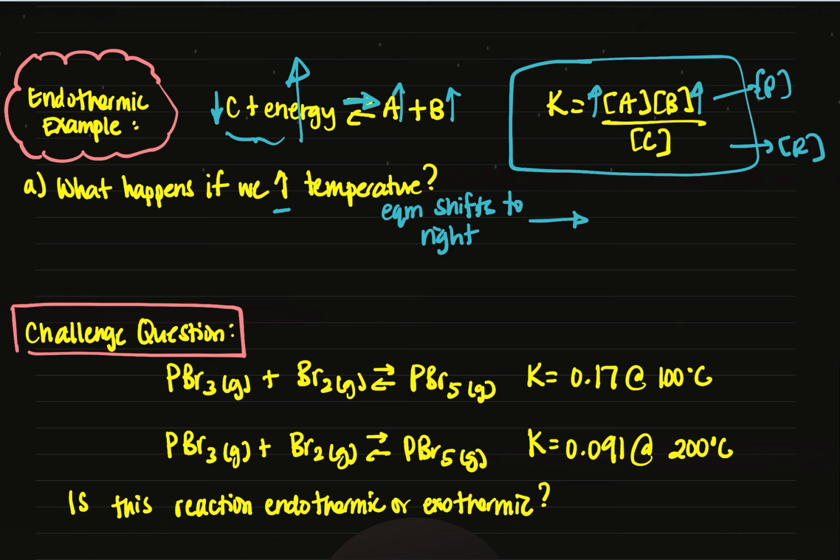I've got lots of A and B. The denominator, my reactant, is decreasing. There's not as much C as the shift occurs. So I'm going to have a larger numerator and a smaller denominator. The K constant in this case will increase. Then you can try the other example, the endothermic one, by decreasing the energy and seeing what happens.